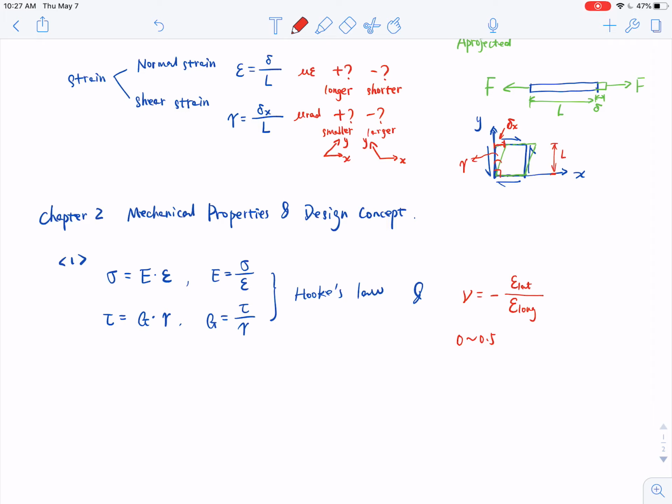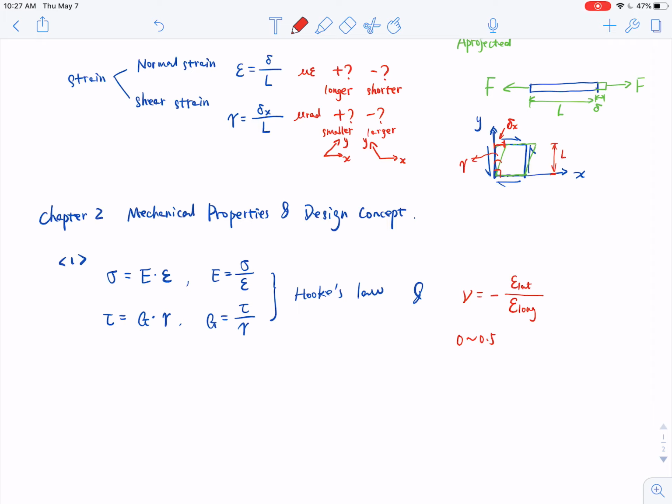Why? Just look at the definition of Poisson ratio. This equation equals the negative ratio between these two, the longitudinal strain and lateral strain. Consider a bar or plate. When you stretch it along one direction, what will happen along perpendicular directions? It will tend to shrink, right? So in one dimension it will become longer, positive.